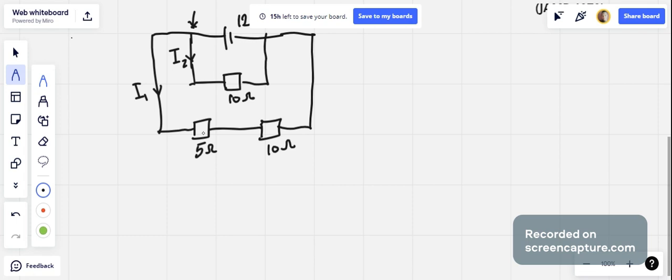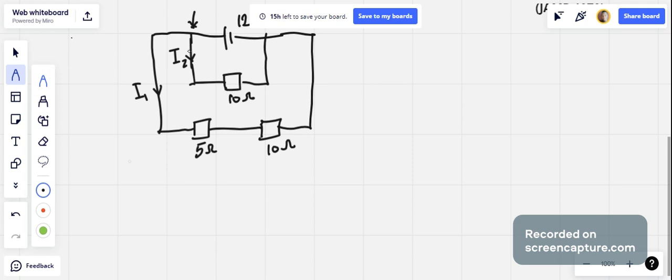Now, to calculate the current through this one, since this is a parallel connection, they will share the same terminal voltage, and the voltage of this cell here is 12 volts. So this 10 ohms here is seeing 12 volts. Combined at this terminal here, this branch that holds 5 and 10 ohms is also seeing what? 12 volts.